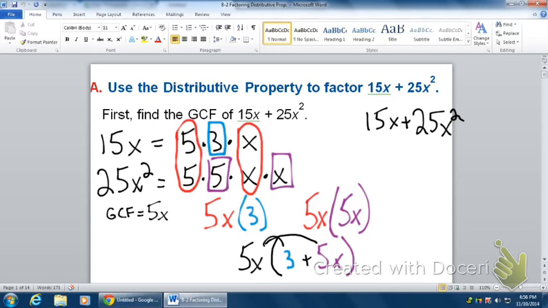The same exact thing as we started out with. So your answer would be what we did here at the bottom. Okay? That is our answer right there. I'm going to kind of square it with green. So that would be our answer.